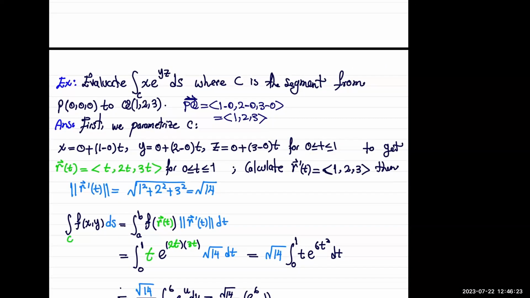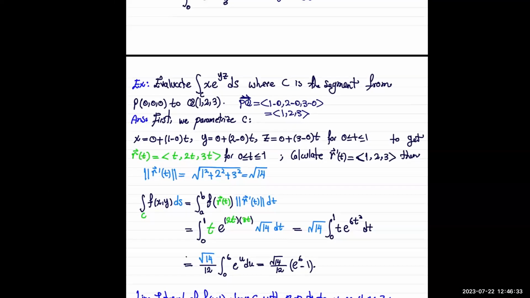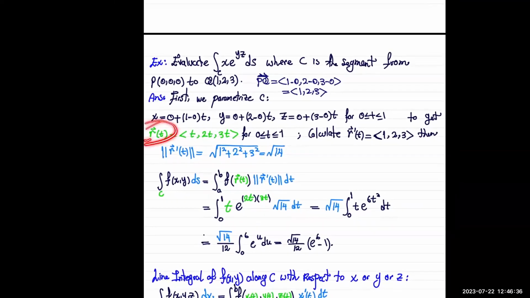That's how this parametrization is done, with t from 0 to 1. If you want, you can write this in vector-valued function form to do less writing. So r(t) represents the curve that you're integrating over: <1t, 2t, 3t>, t goes from 0 to 1. You can check that this parametrization works. It's supposed to connect these two points, and it does.